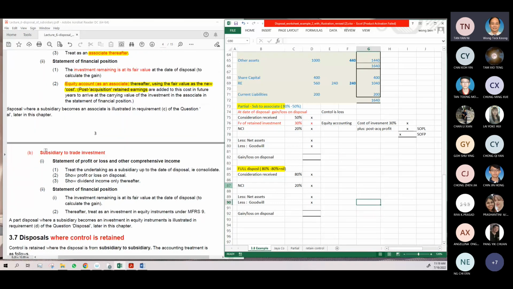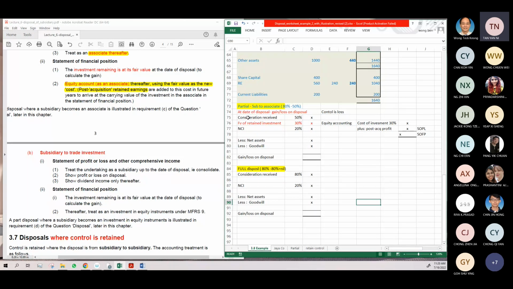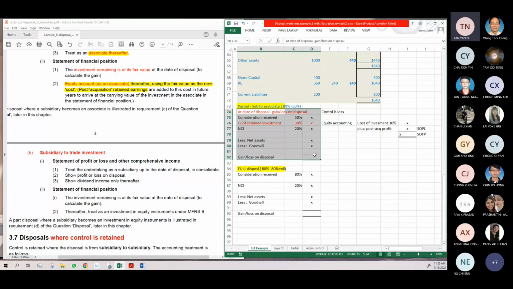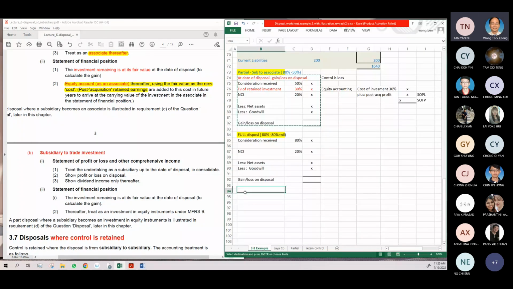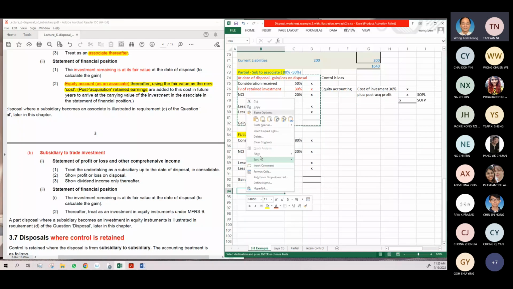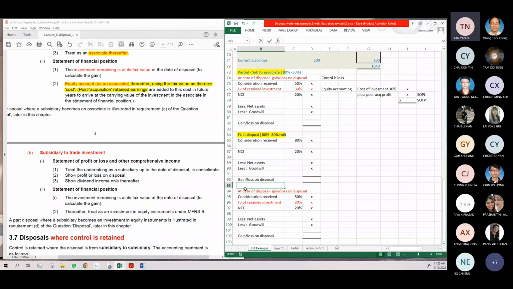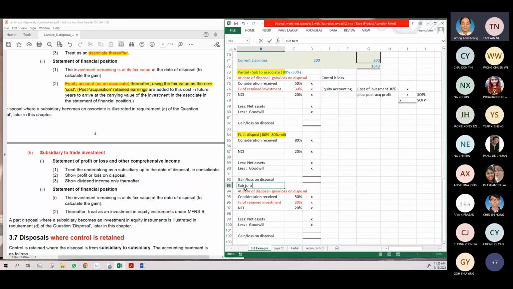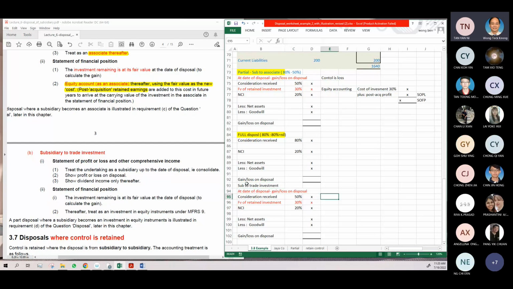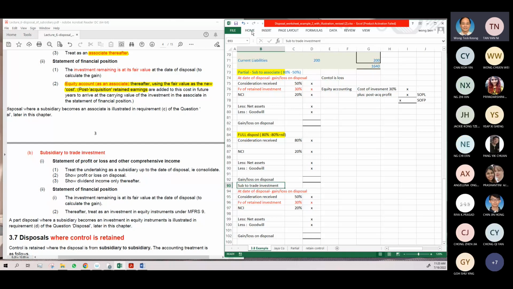So the next one, subsidiary to trade investment. One more example here. Subsidiary, also partial disposal, but this time subsidiary to trade investment. So we'll give you the example later, give you the theory part first.